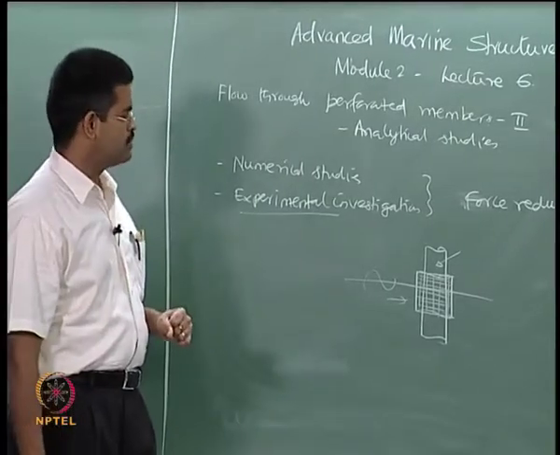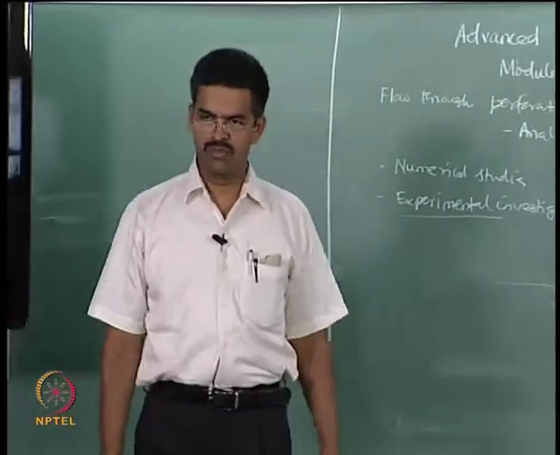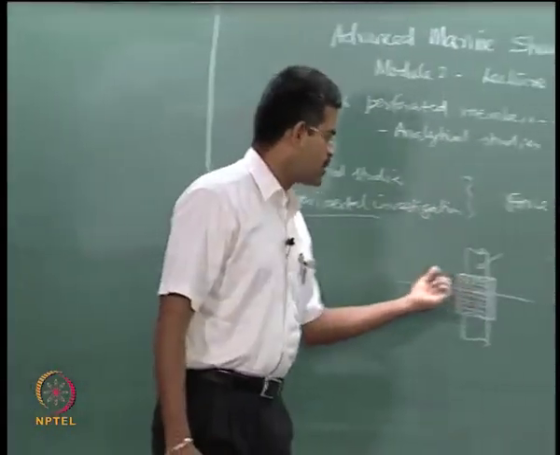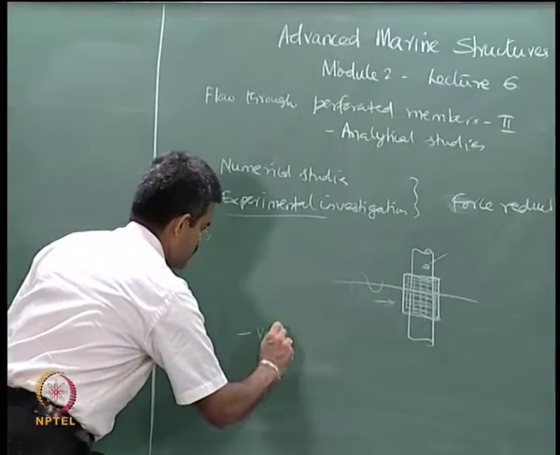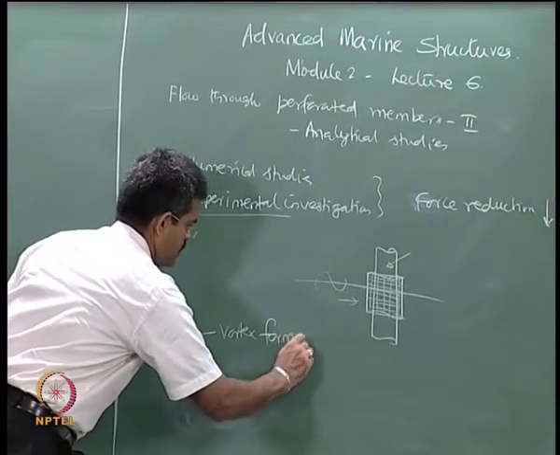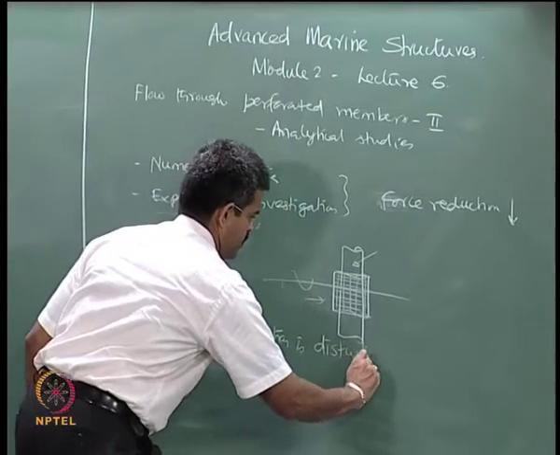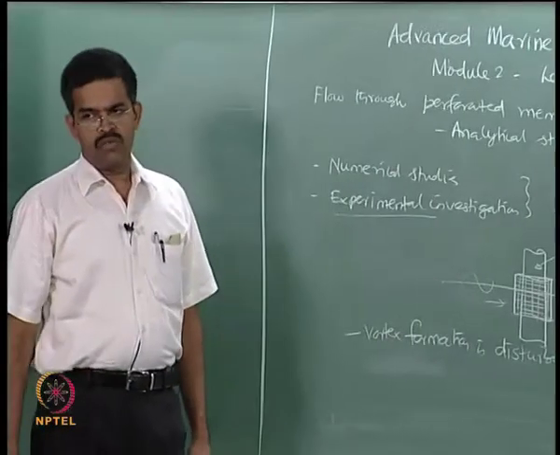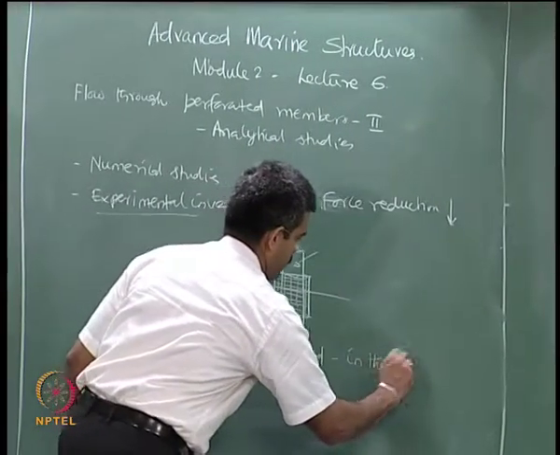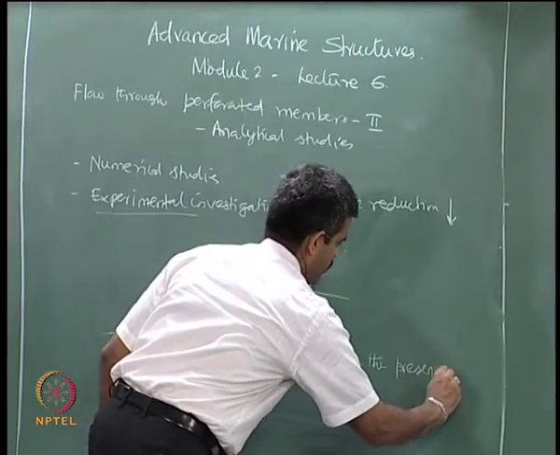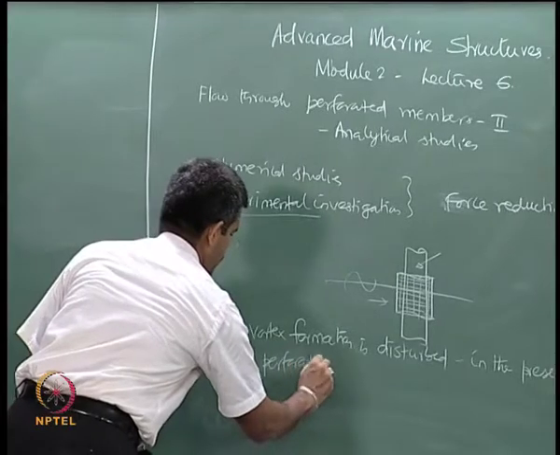Primarily our interest is force reduction, but we wanted to really understand, and we have understood, that whenever an outer cover is porous or perforated, the vortex formation is disturbed in the presence of perforated covers or perforated members.